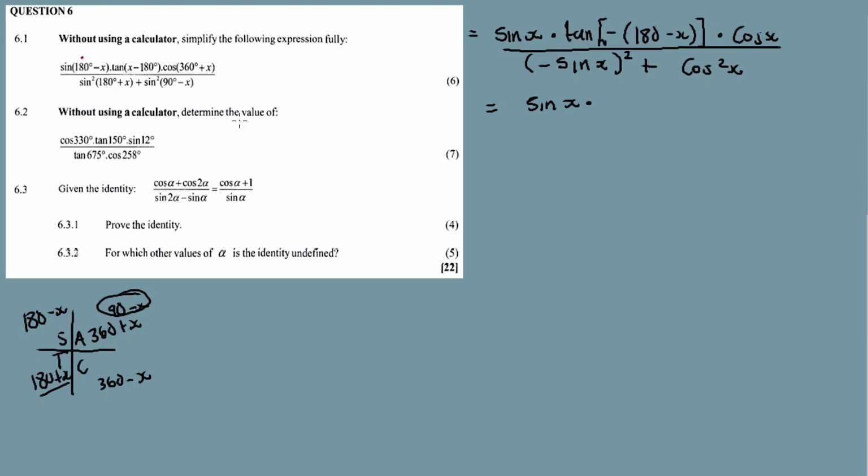Alright, remember tan, sine as negative angles. Tan of a negative angle, sine of a negative angle, cos of a negative angle. This is equal to negative tan x. This is equal to negative sine x. This is equal to positive cos x.